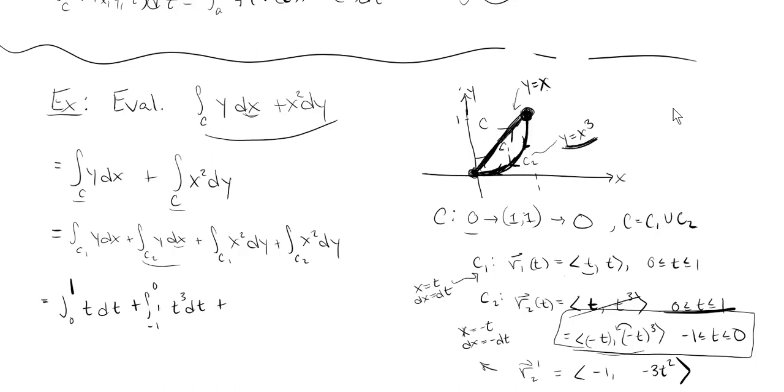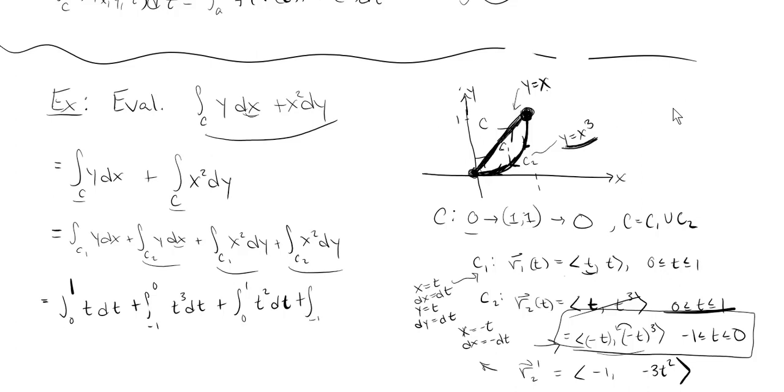And moving on down, back to c1, we know that again we're going from 0 to 1. The x squared is really just t squared. And we can get dy since y equals t, dy is dt. Finally, last little piece here, back to c2, back to this parameterization.